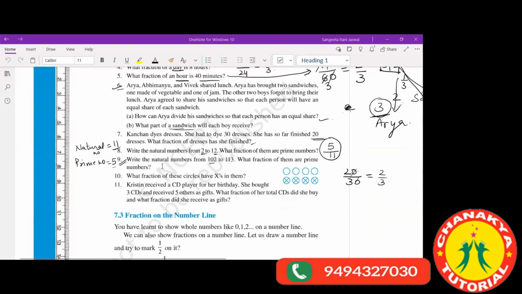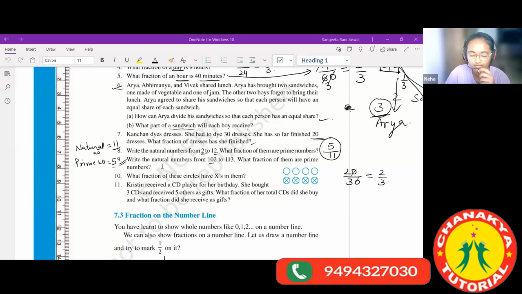So what did you find in this question? What fraction of them were prime numbers? First tell me how many numbers were there between 102 and 130. Is 102 and 130 also considered?